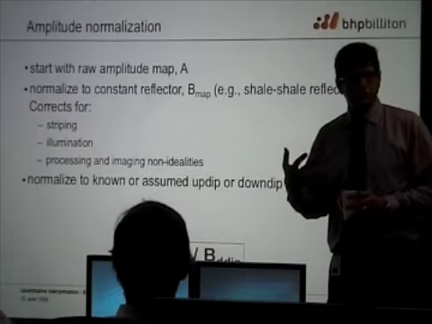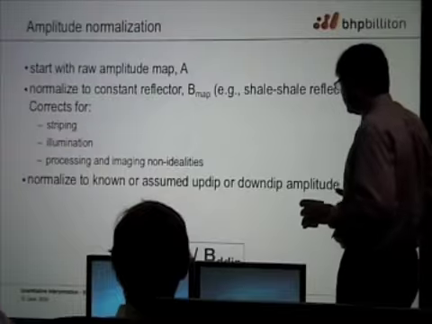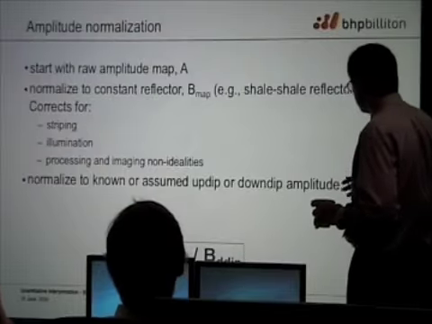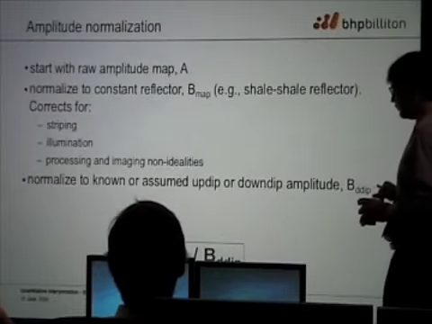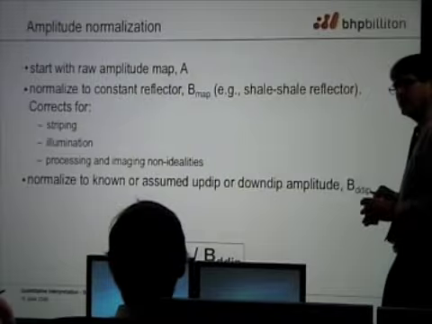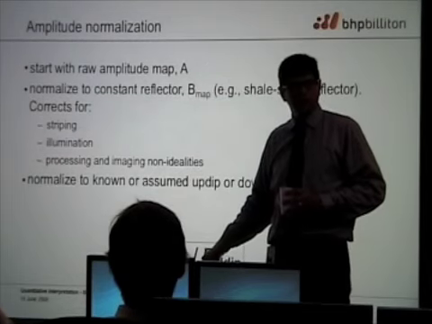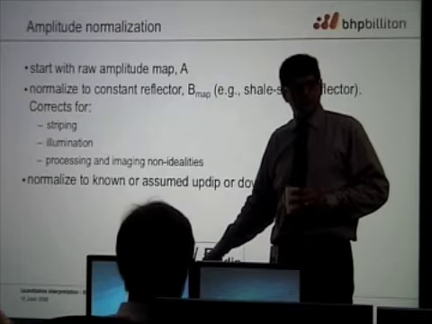Now, if we then normalize, we still have the problem of how to go from millivolts into reflectivity units. Many times we'll find a down-dip brine sand, or find what we think is a shale, and then divide by that and reference it to that reference reflector.